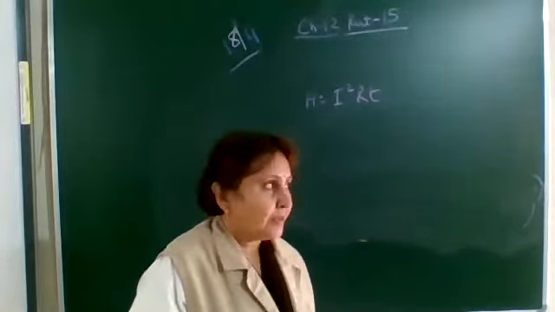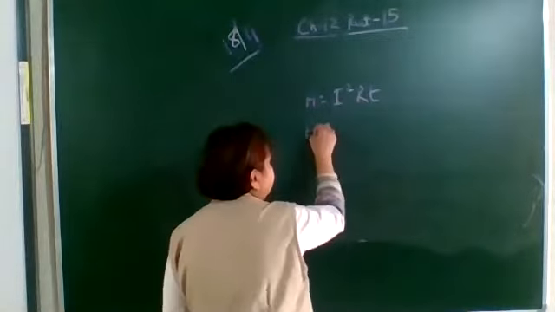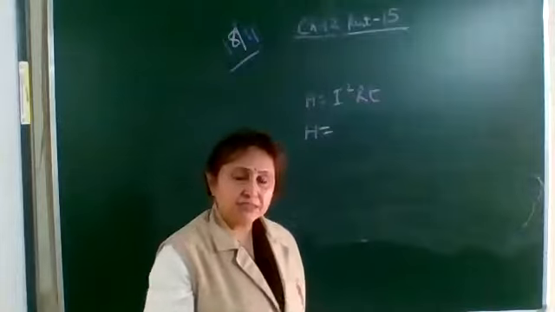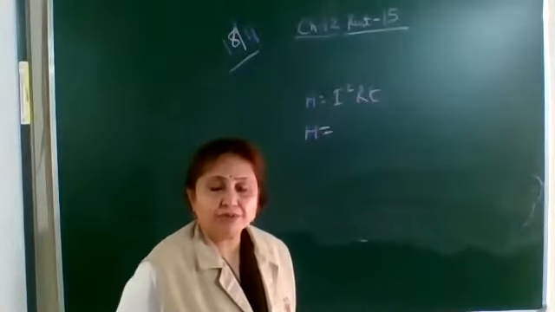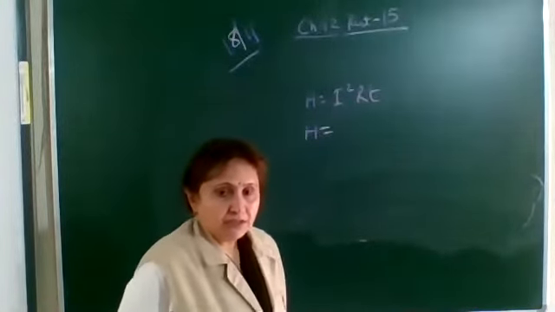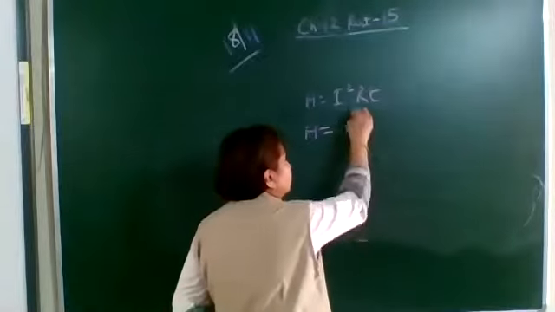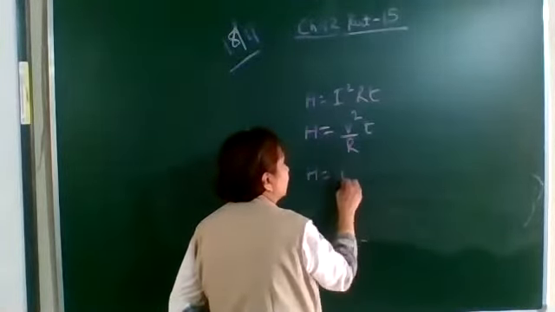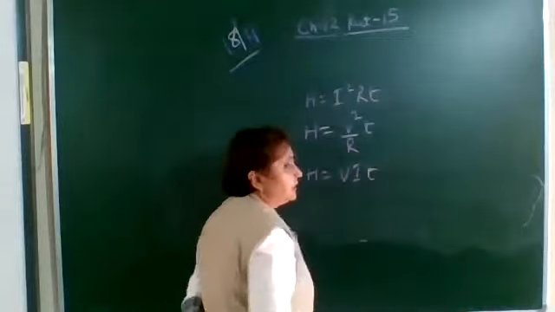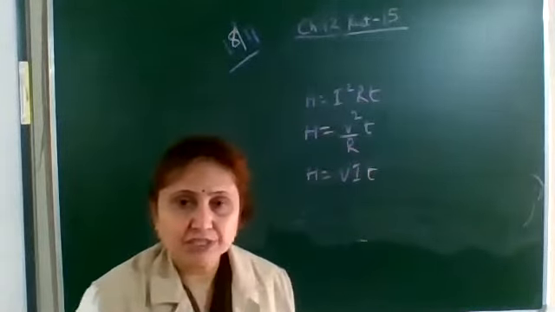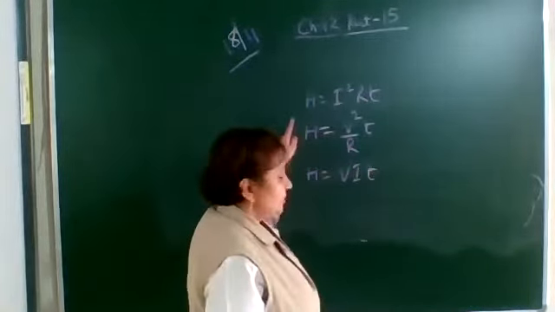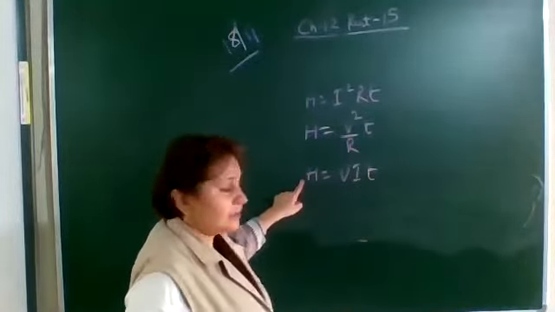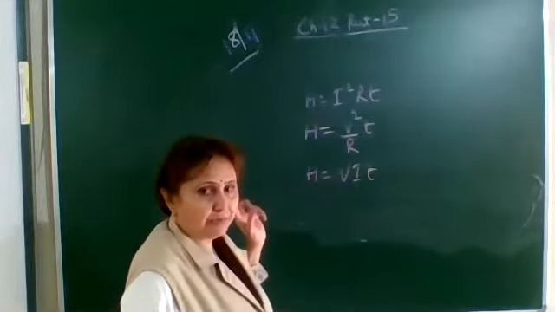Here we have written three expressions of heat energy, which is equal to the electrical work done: I square R T, V square upon R into T, and V into I into T. This electrical work done will be converted into heat energy in the heating devices. Now heat is a form of energy, so in numericals the unit of heat energy will be joules.